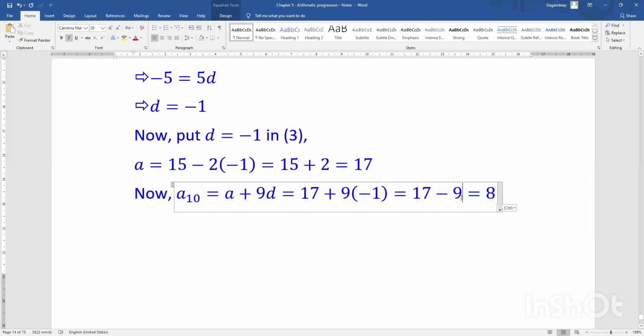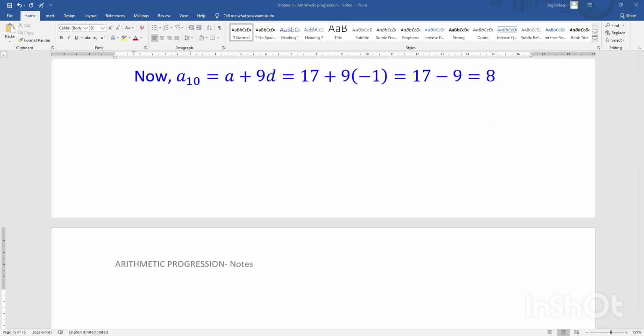So we get 17 minus 9, which is equal to 8. Okay. Now we move on to the next problem, that is the fifth problem. Let me take it.